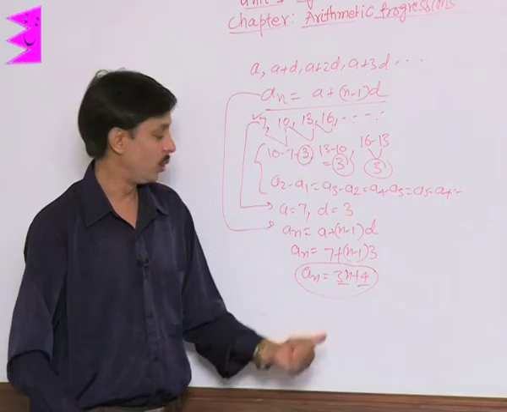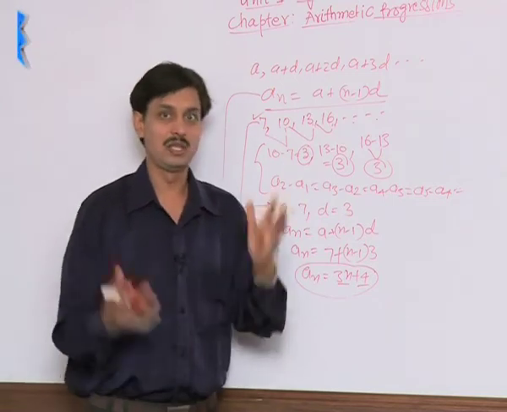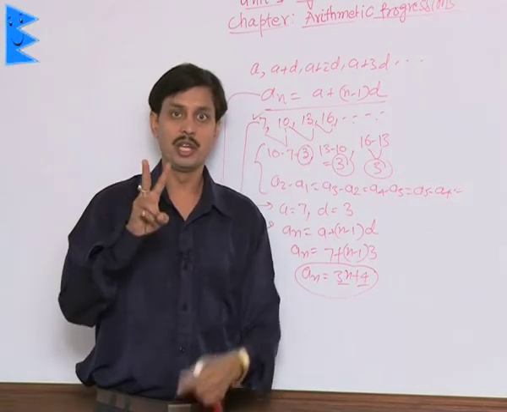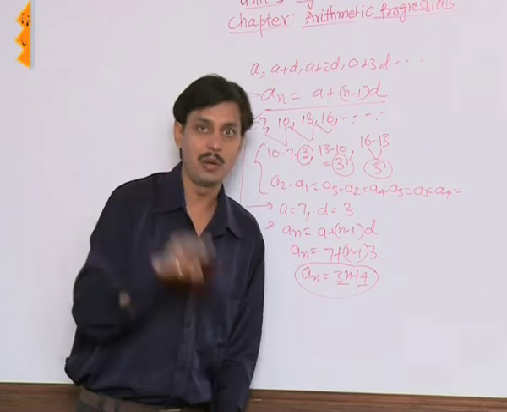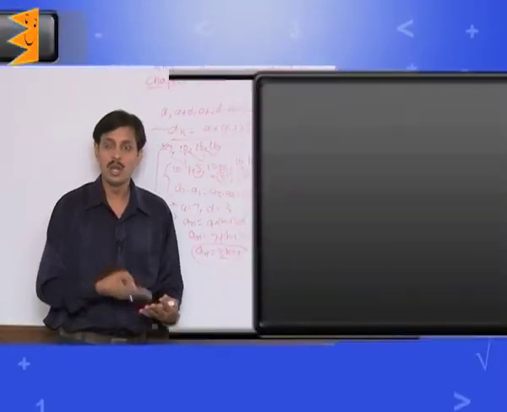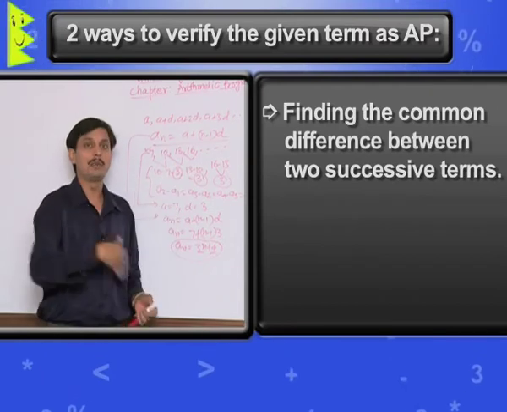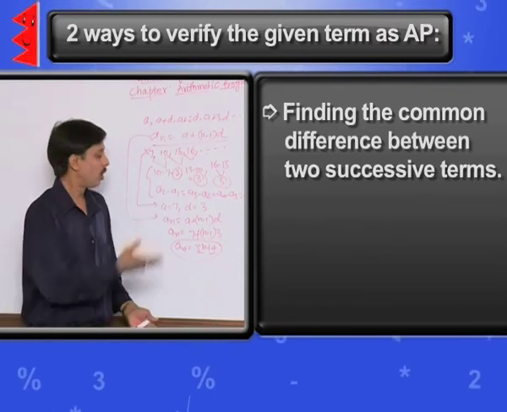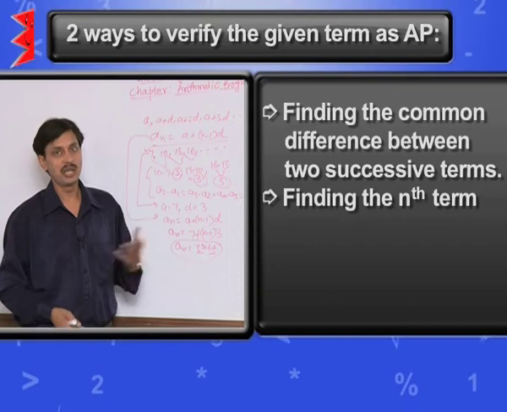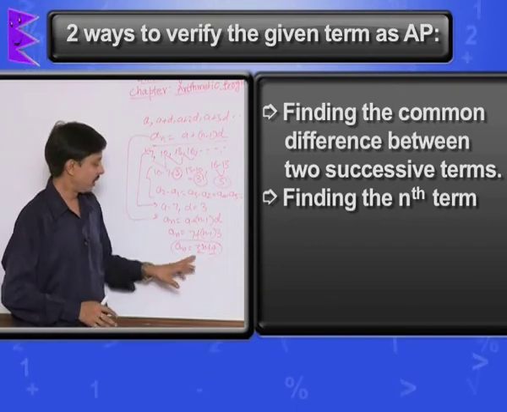So we conclude yes, this is the arithmetic progression. So there are two ways to verify whether the given progression is arithmetic or not: one, by finding the common difference between two successive terms, as many terms are given, or another, by finding the nth term.